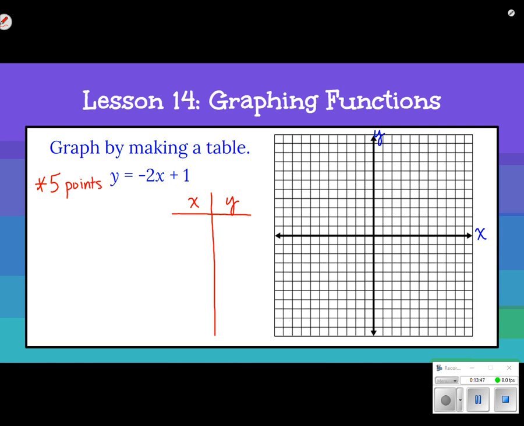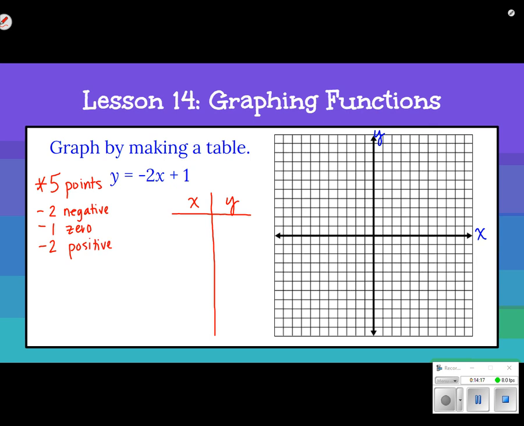5 x values. Now, right now we're going to choose a certain select set, but in the future, I'm going to say these are things that you can choose to do on your own, but we are going to choose 2 negative values, 1 value that's 0, and then 2 positive values.